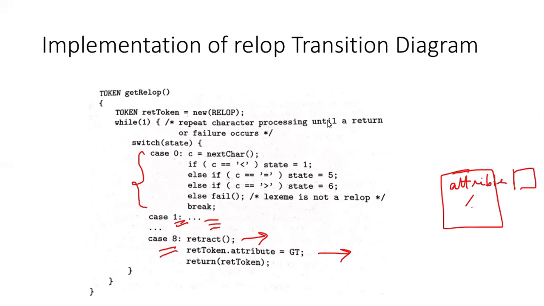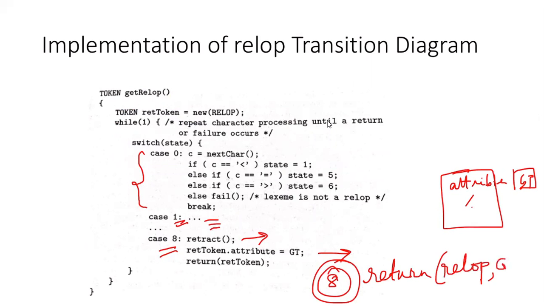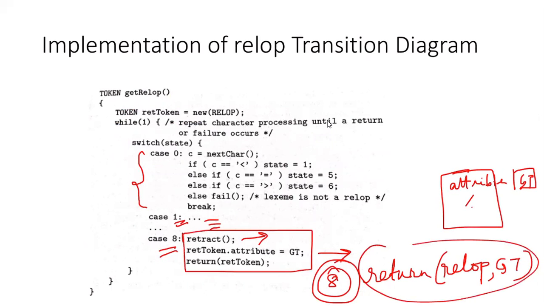So it is assigning GT because in state 8 the function was like this: return RELOP and GT. That is implemented through this, and this had a star, so retract.